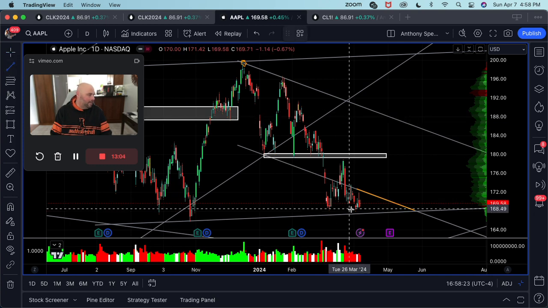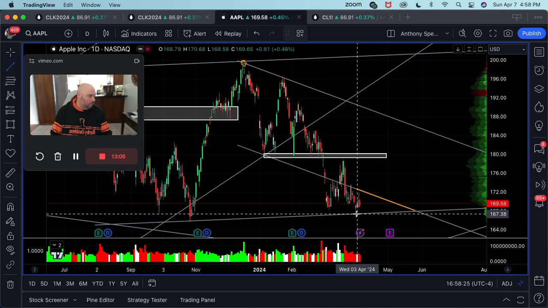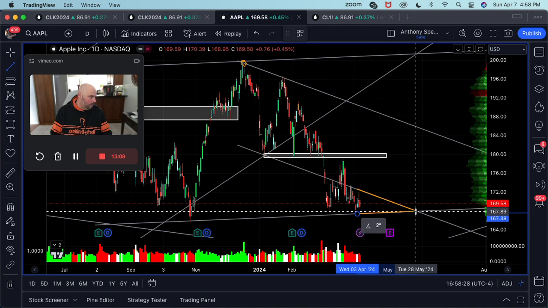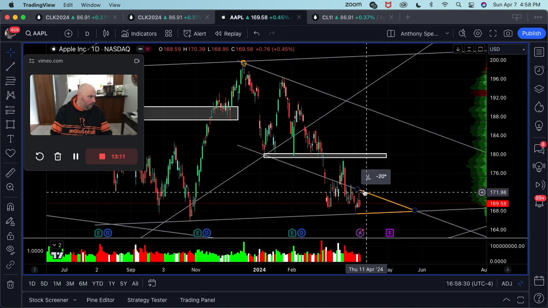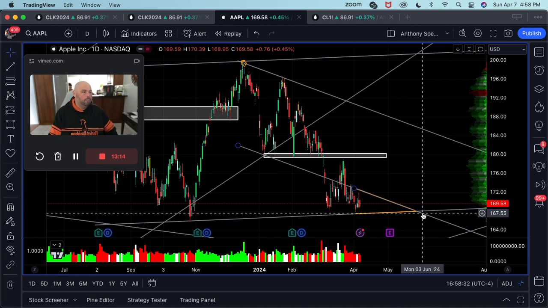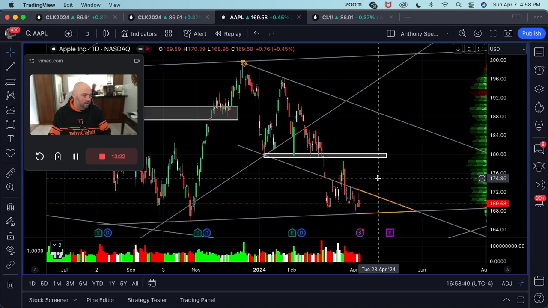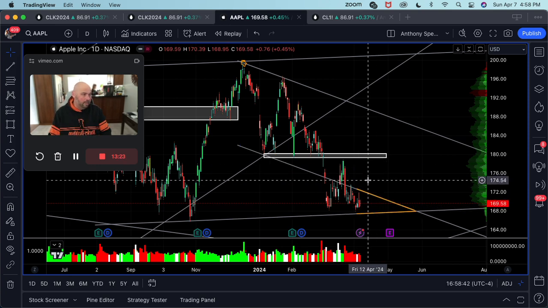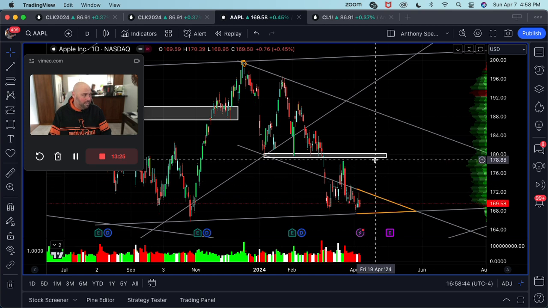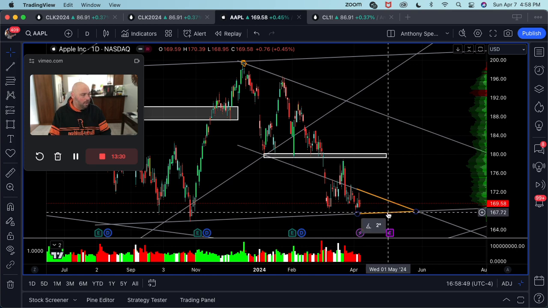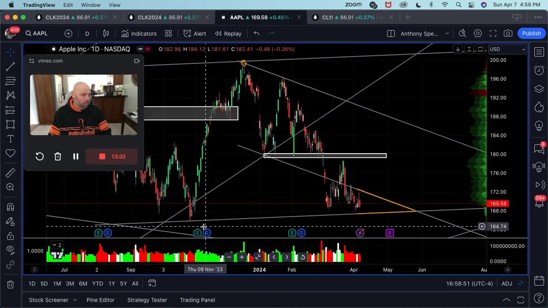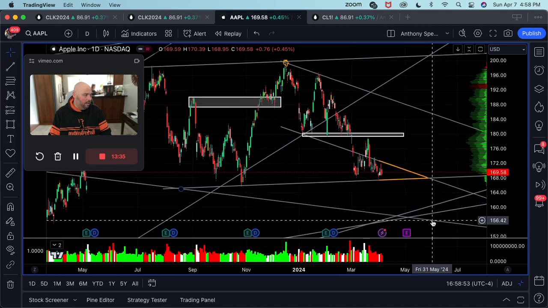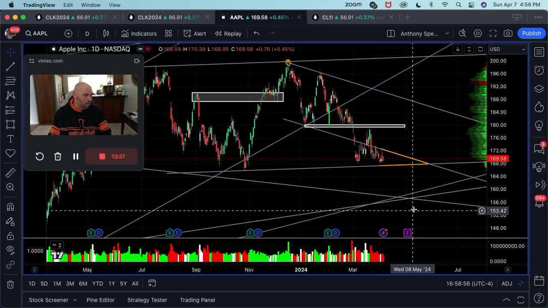I'll just kind of highlight it so it's a little more pronounced. However we break out of this area will provide us with the next expectation. An expectation of placing a lower high, sorry, or an expectation of retesting this high or these prior lows, or an expectation of breaking down through the neckline and into these converging support areas.